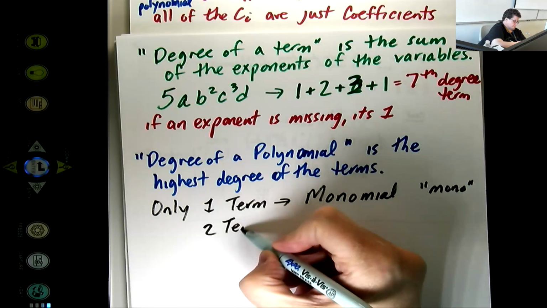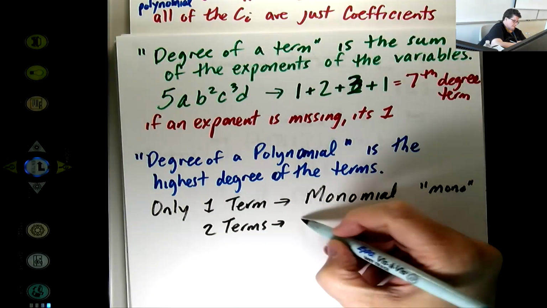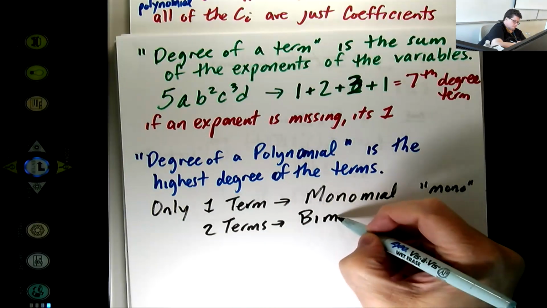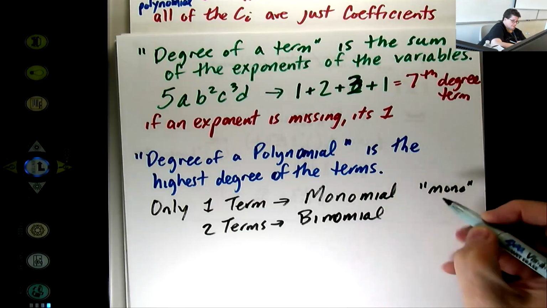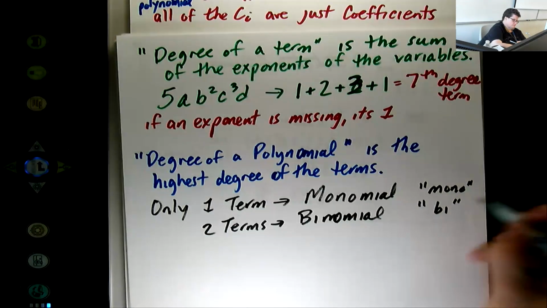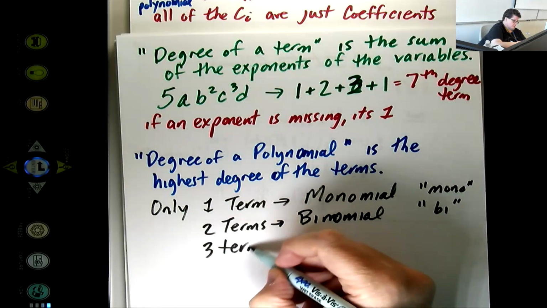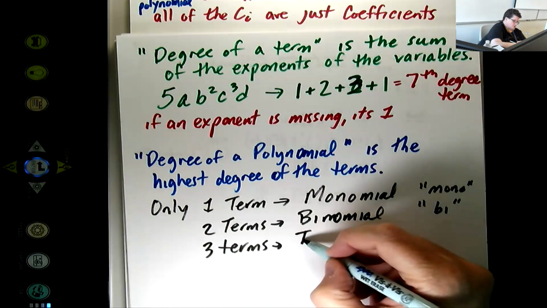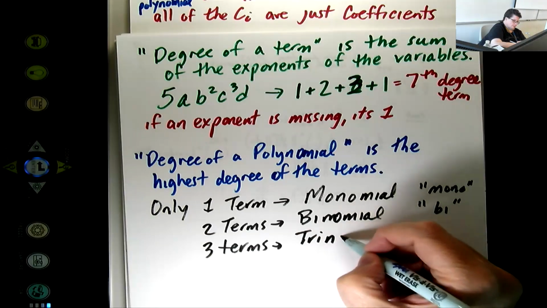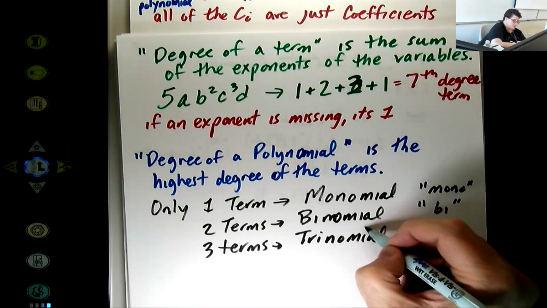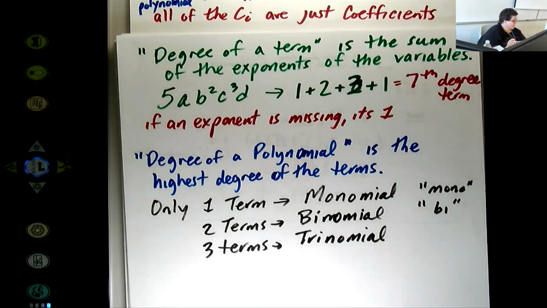Two terms is a binomial, the bi, that's two. Three terms, we call it a trinomial. What?